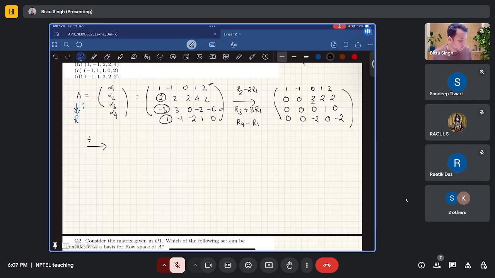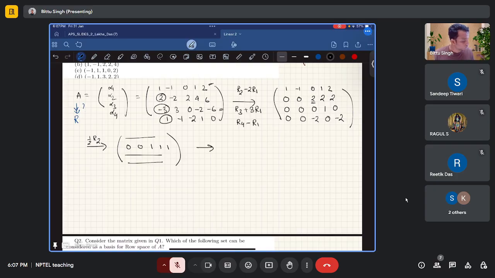So the operation to be performed is half of R2. So everything is unchanged, and only the second row is changed, which will be 0 0 1 1 1.